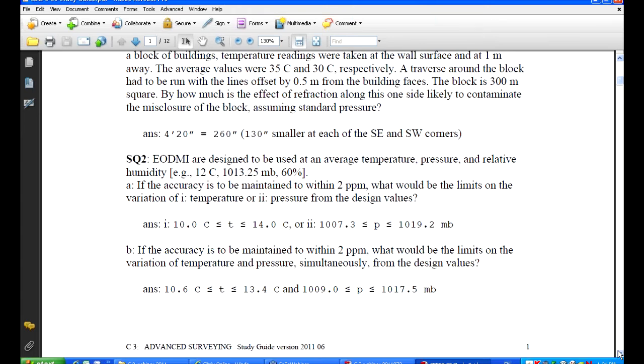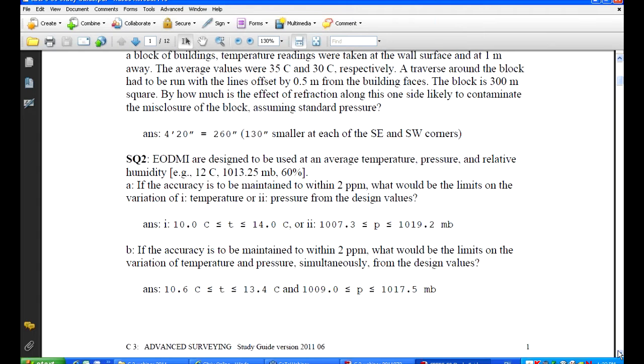The rule of thumb is 1 Celsius degree and 3 millibars would be 1 part per million each. So if you look at this particular question, it says if we can tolerate a variation of 2 parts per million, how much variation in temperature or pressure can we have from the design values, which are the ones given in the parentheses?